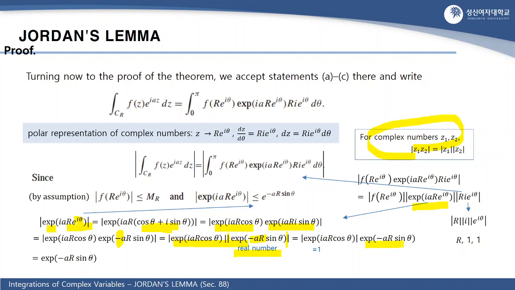Then we get this. That just leaves us with the first term here, which is the magnitude of a pure imaginary exponential, which is just 1.